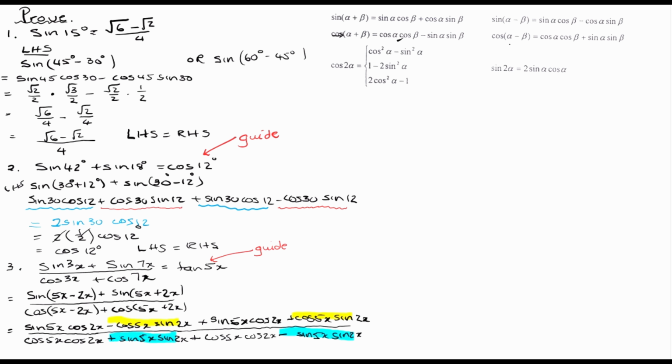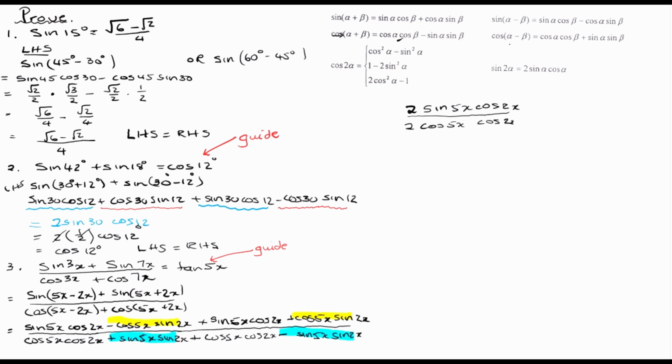So carrying on up here, I'm left with sine 5x cos 2x plus sine 5x cos 2x, which is 2 sine 5x cos 2x. And in the denominator, cos 5 cos 2 plus cos 5 cos 2 leaves me with 2 cos 5 cos 2.